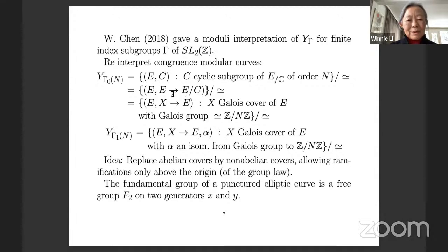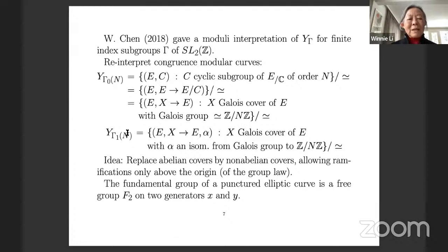Dual isogeny means that I have a Galois cover X over E, with the Galois group isomorphic to Z mod nZ, the cyclic group of order n. So this is the way he reinterprets the modular structure for the group gamma naught of n.